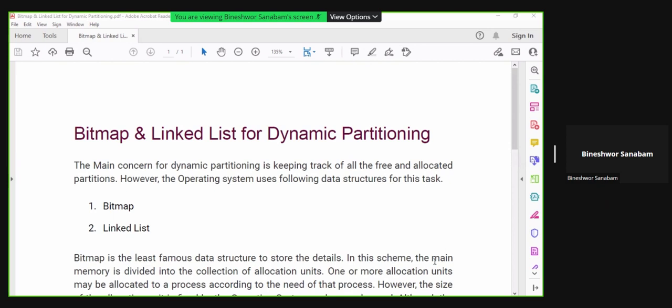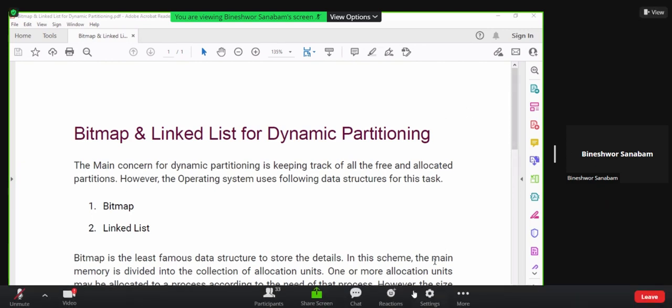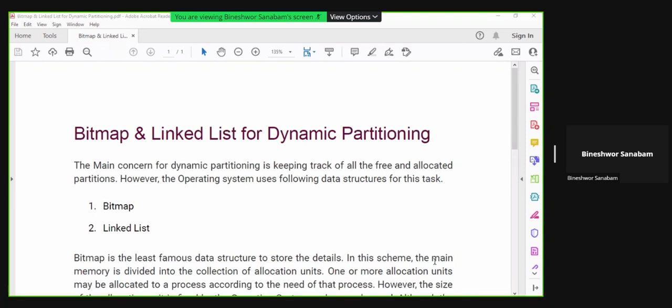Whenever we have free partitions, we try to bring them together by compaction, and we do the defragmentation. So the next question is, we need to keep track of all the free and allocated partitions of the memory.